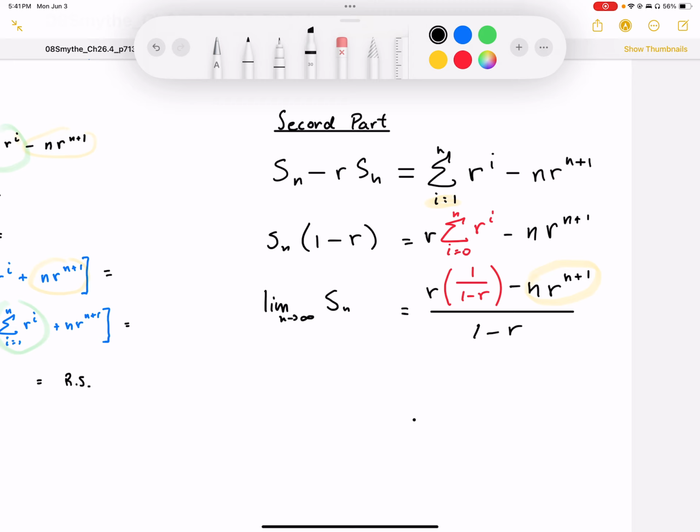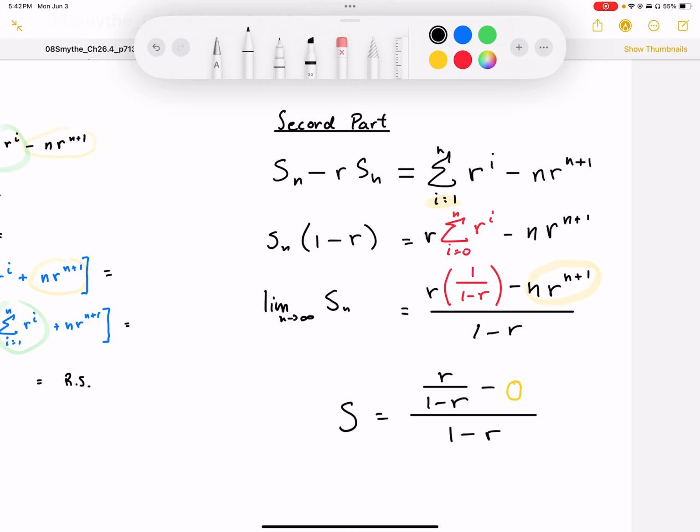I take the limit and I get the sum S, the infinite sum, and that's going to be equal to R over 1 minus R, minus the limit of that, which is 0 over 1 minus R.